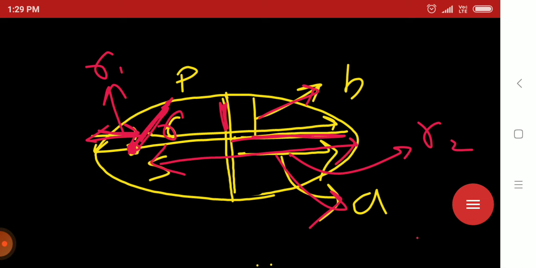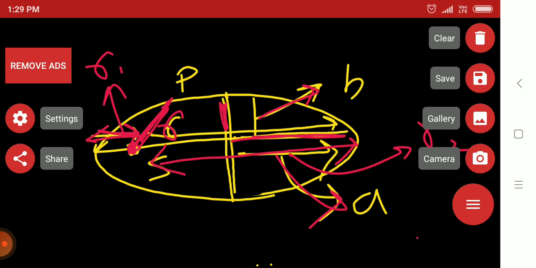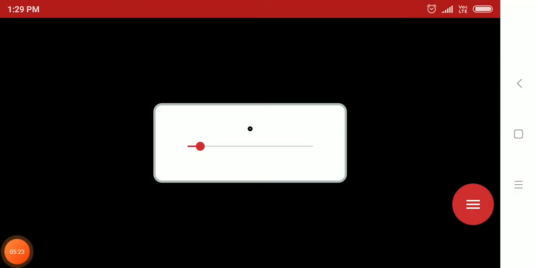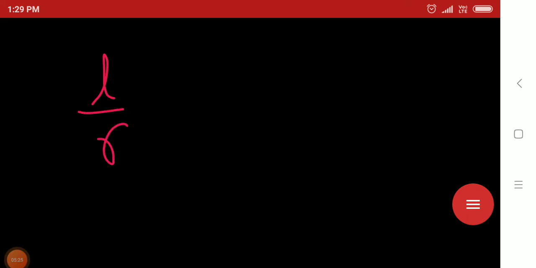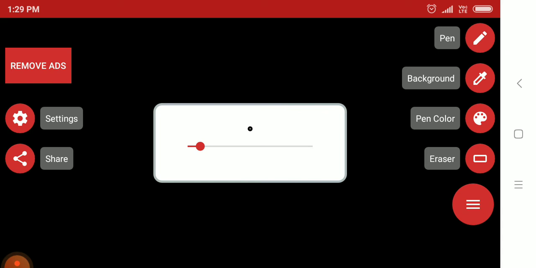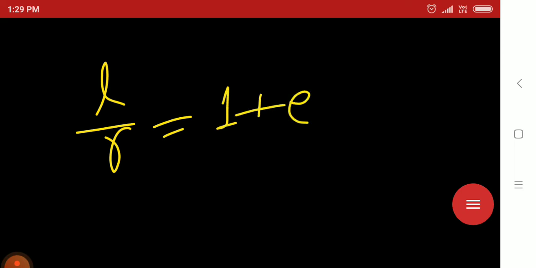We have an equation from our previous video on Kepler's first law. What was that? Let me change the pen color again, because yellow is more visible than red. We got L by R equals 1 plus E cos of theta minus theta prime.